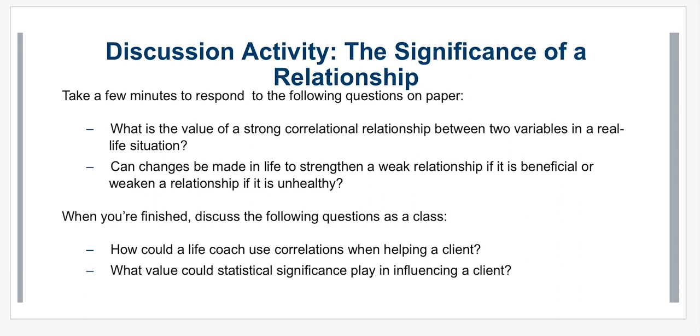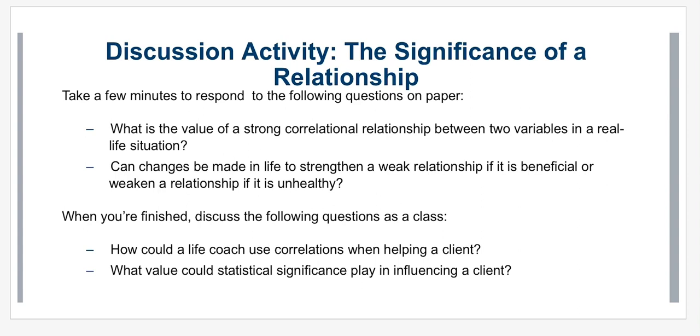Another example, for the last question, how could statistical significance influence a client? If you explain to them that statistical significance means that it's a real relationship, that it didn't just happen by chance, that may help them understand that what they're going through is not random, that there is really a relationship there, and that those two variables are related to each other.